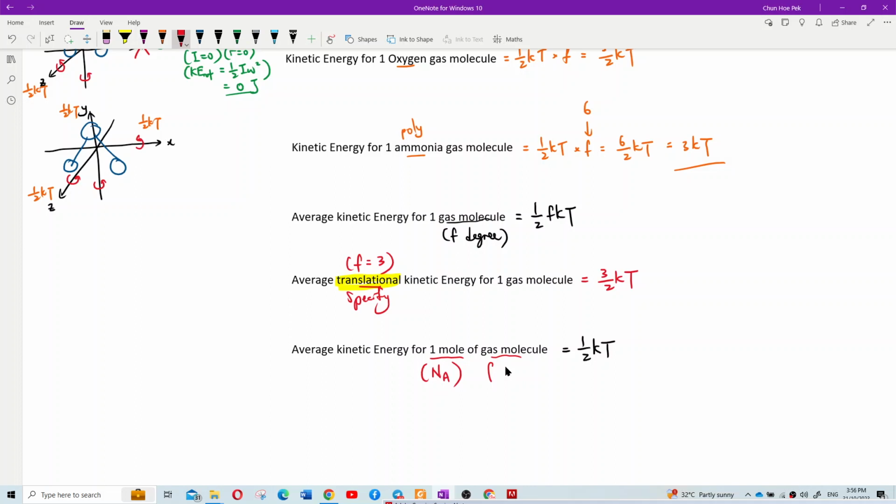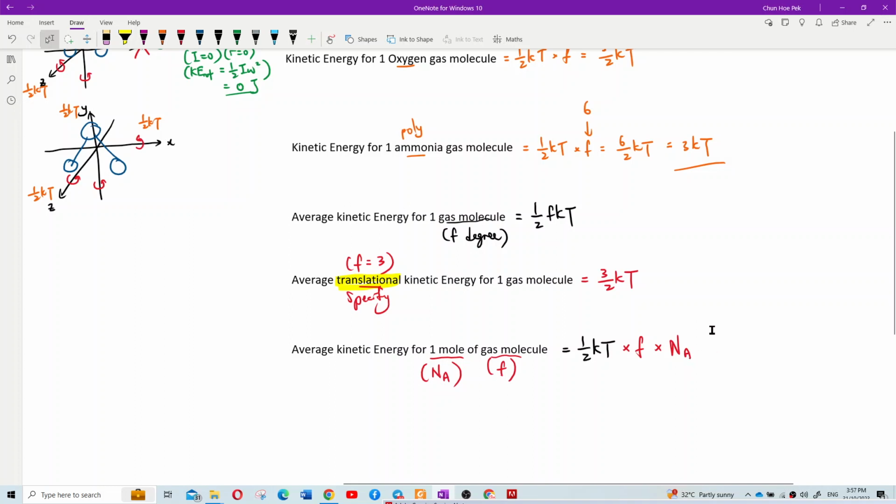Never mind, just treat it as a mysterious f. It must have f degrees of freedom. We don't know the value of f. So I must multiply by f, isn't it, class? 1/2 fkT is the kinetic energy for only 1 gas molecule. Now if you have 1 mole, you must multiply by the Avogadro constant, isn't it, class?